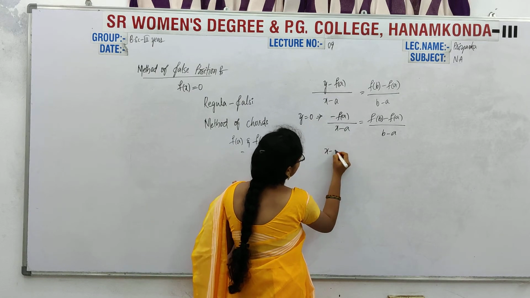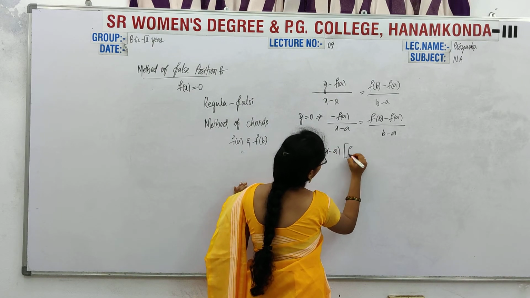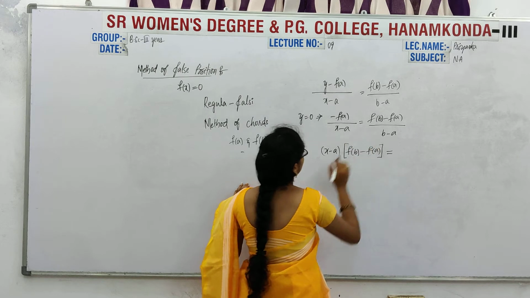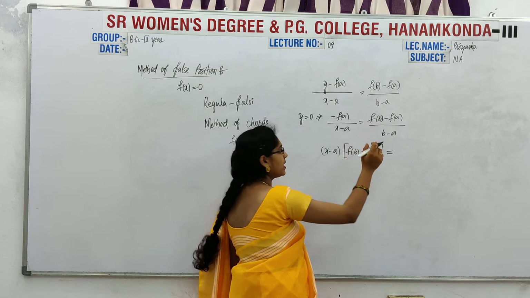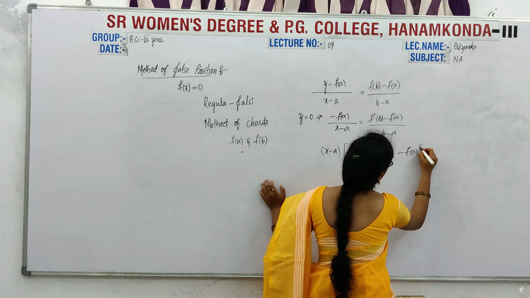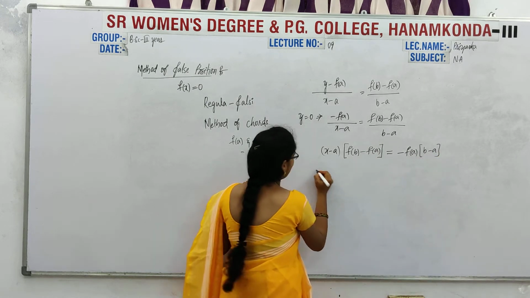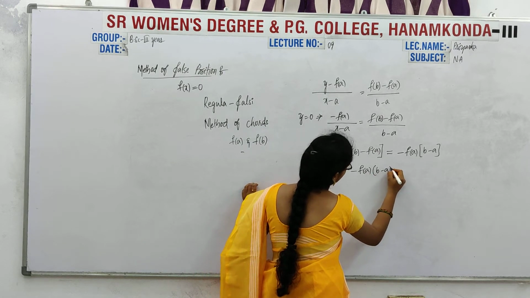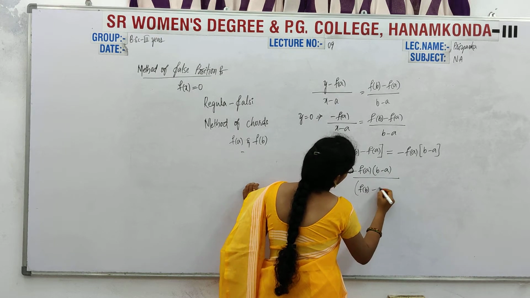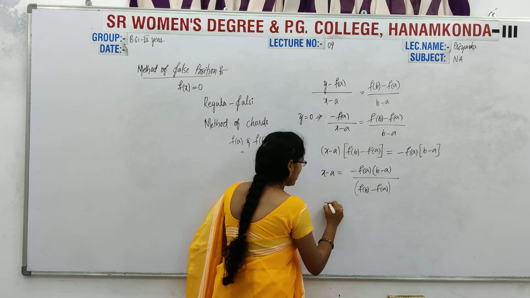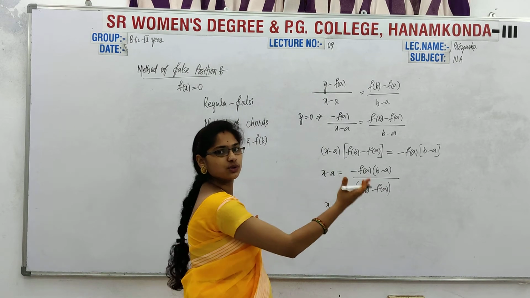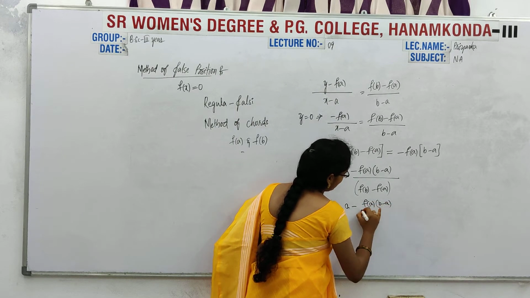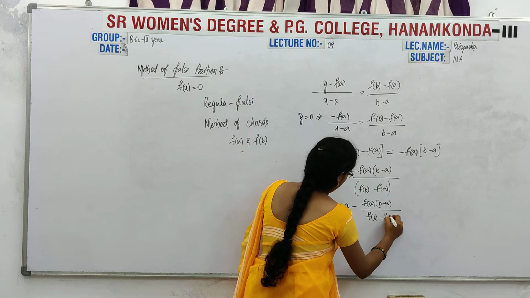Then simply what do I get? (x - a)(f(b) - f(a)) = -f(a)(b - a), by cross multiplication. Now x - a = -f(a)(b - a)/(f(b) - f(a)). Now x equals, since the minus a goes to the other side, plus a: x = a - f(a)(b - a)/(f(b) - f(a)).